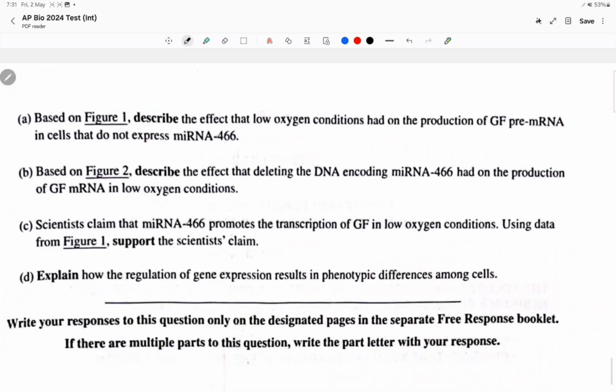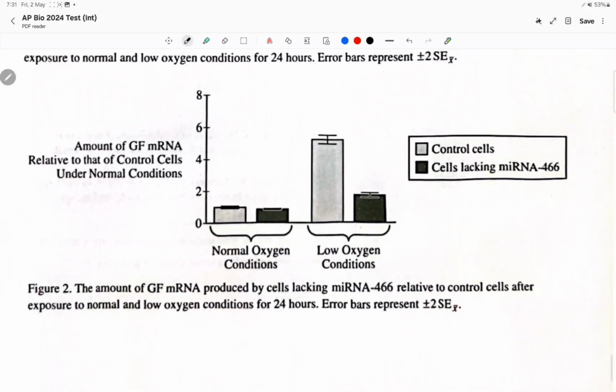B. Based on figure 2, describe the effect that deleting the DNA encoding miRNA 466 had on the production of GF mRNA in low oxygen conditions. So again, go to low oxygen conditions and go to this one. Compared to the control, did they have less or more amount of GF mRNA?